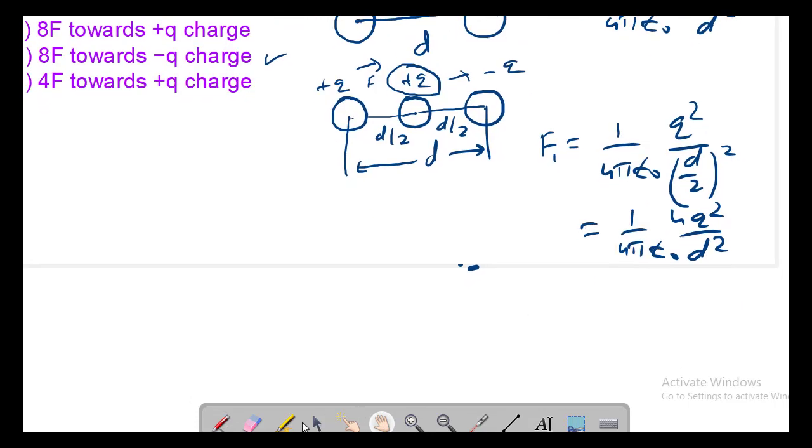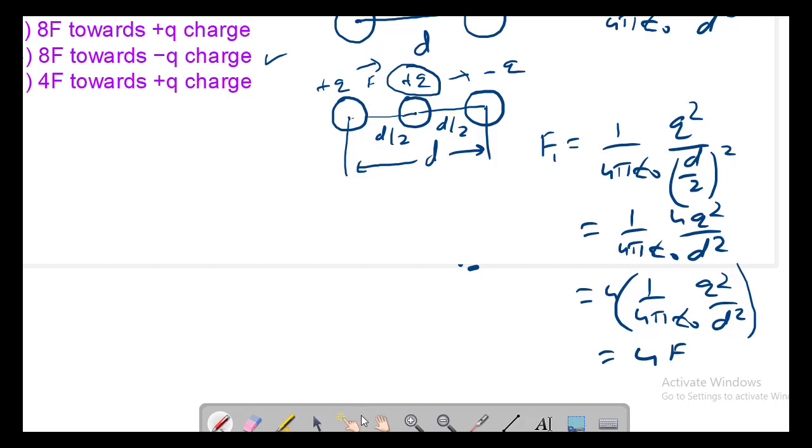We take 4 outside, so we get 4 into 1 upon 4 pi epsilon 0 q square upon d square, but this is given as F, so this is 4F.